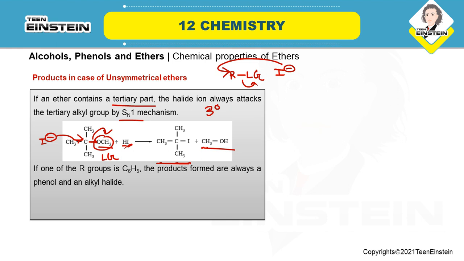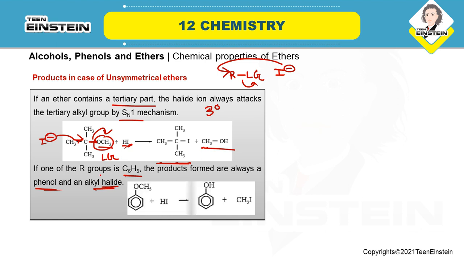Next point, if one of the R groups of the ether is phenyl, then under this condition the products formed are always phenol and alkyl halide. So you will never get PhX, that is phenyl halide, that you will not get. You will always get phenol, and from the other alkyl part you will get the alkyl halide.